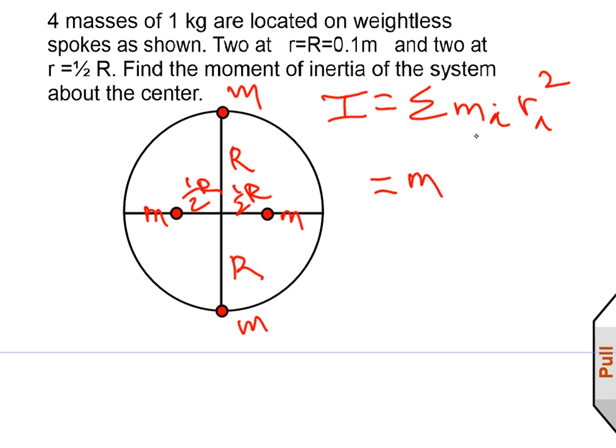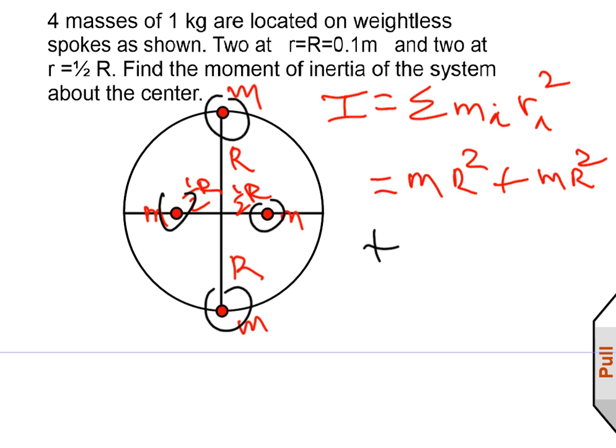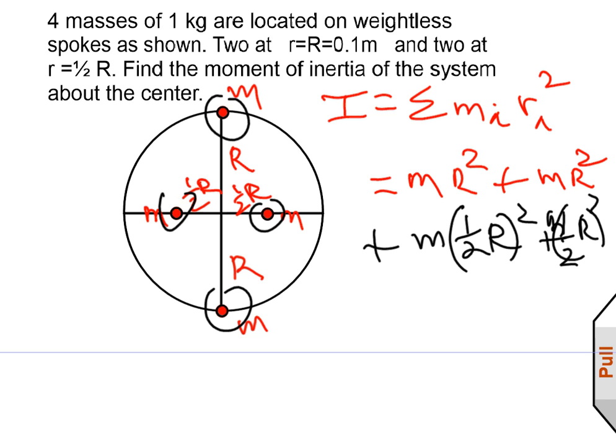So M times R squared plus the other M on the other side times R squared. Plus, now these M's here, these are going to be M times 1/2 R squared, plus again, the other one is also M times 1/2 R squared.